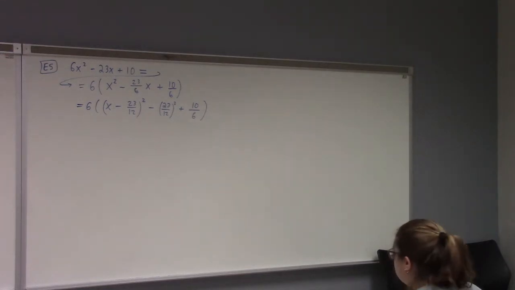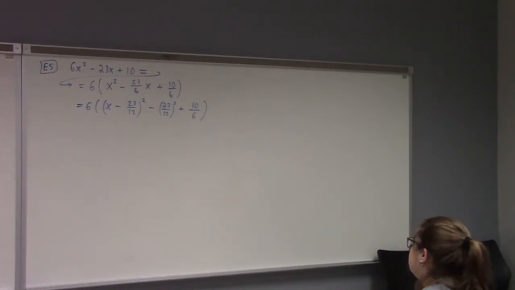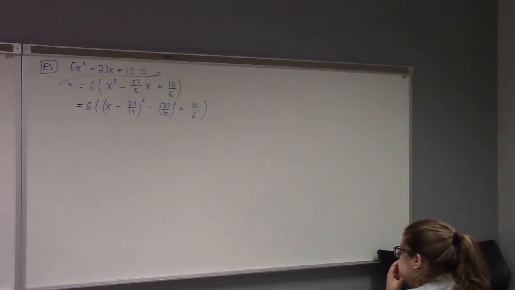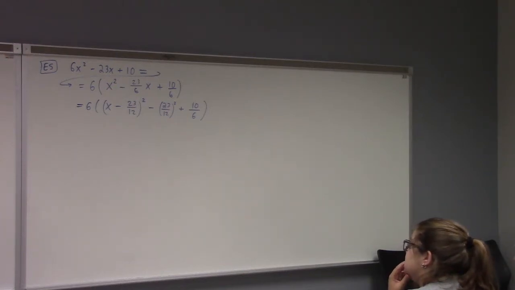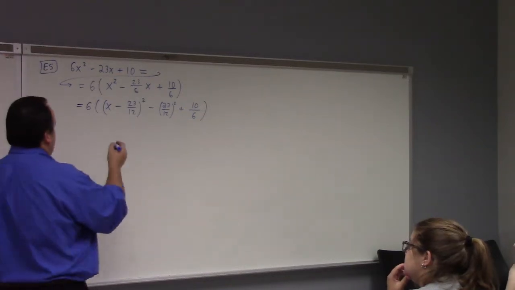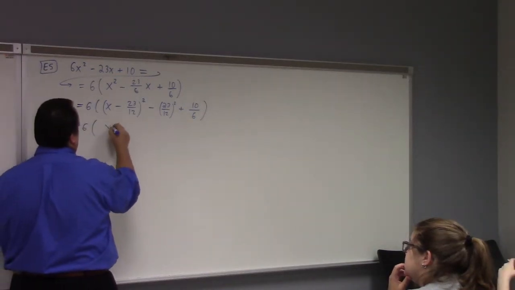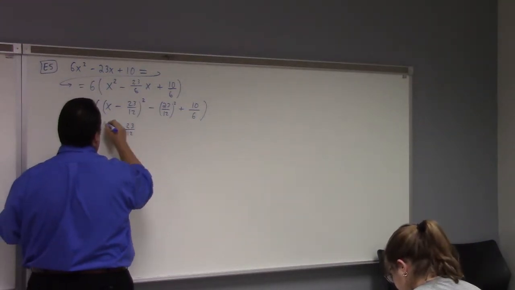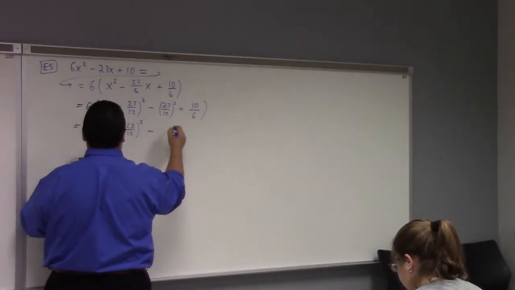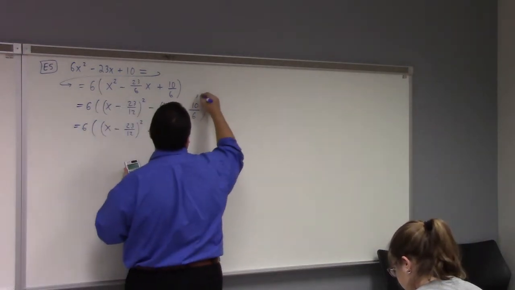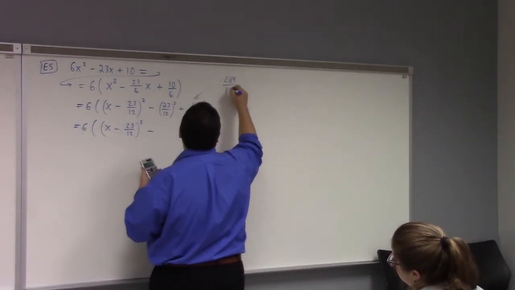I've gone this far, let me finish it. But I'm not so foolish as to finish it without a calculator this early in the morning. So 23 squared divided by 144, since 12 squared is 144, gives me 529 over 144. And then I'll subtract 10 over 6 from that. So I actually get 289 over 144.